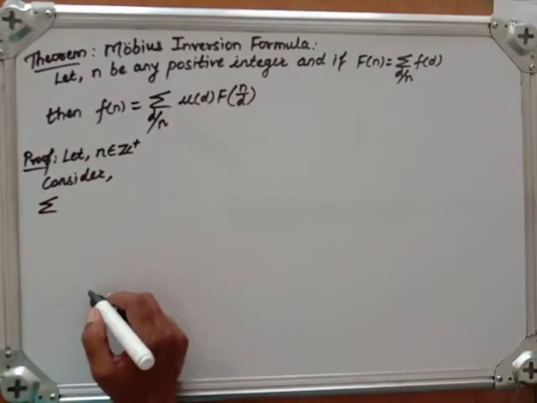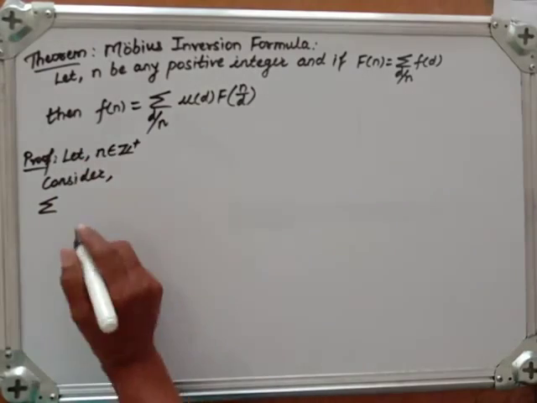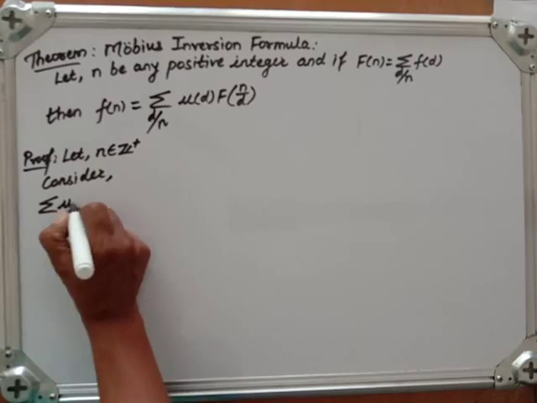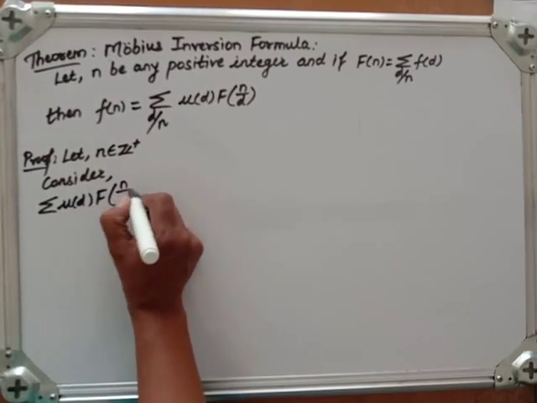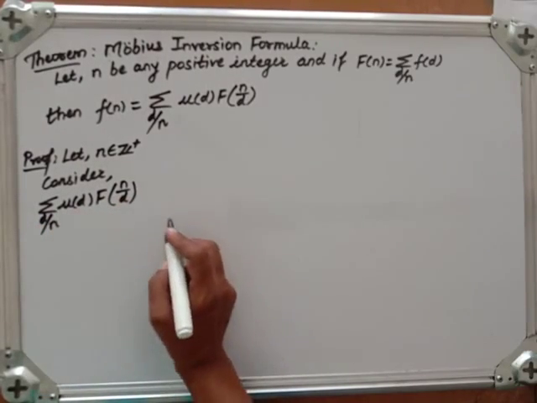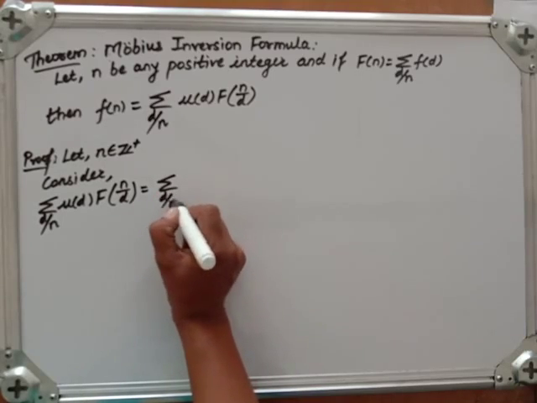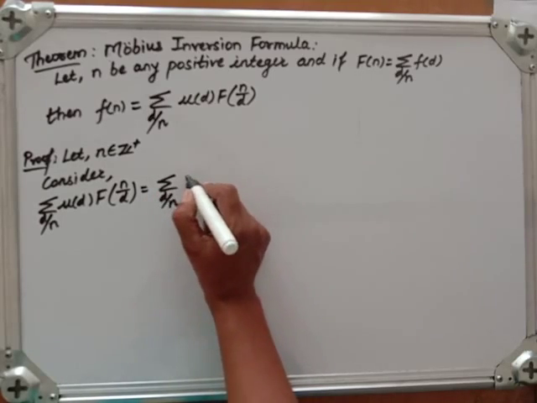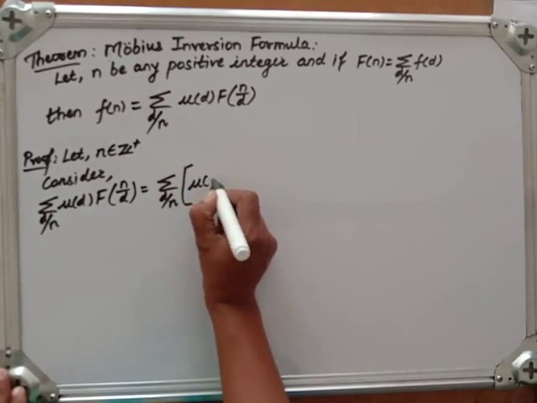This is given to us. The summation of mu(d) into capital F(n/d), where d divides n, that is the same as the summation over d dividing n, with mu(d) as it is.